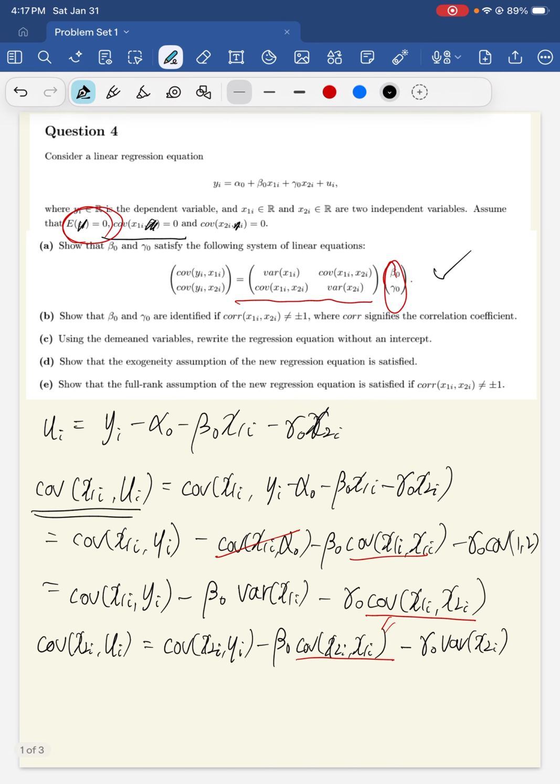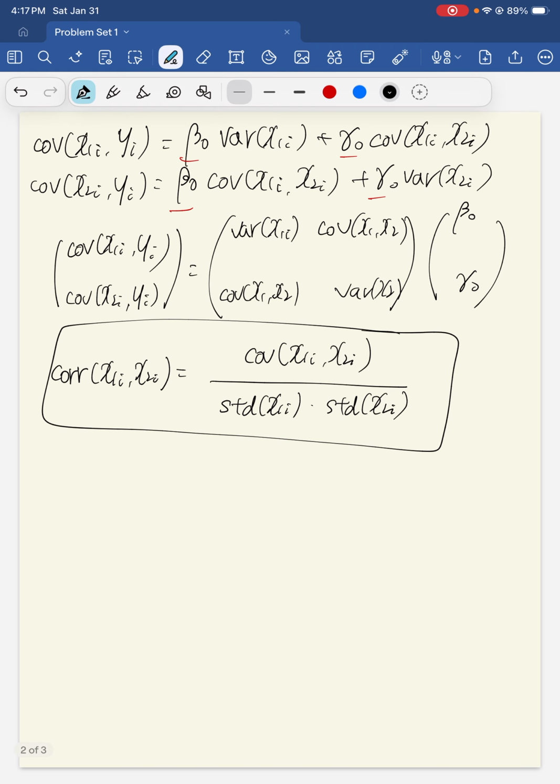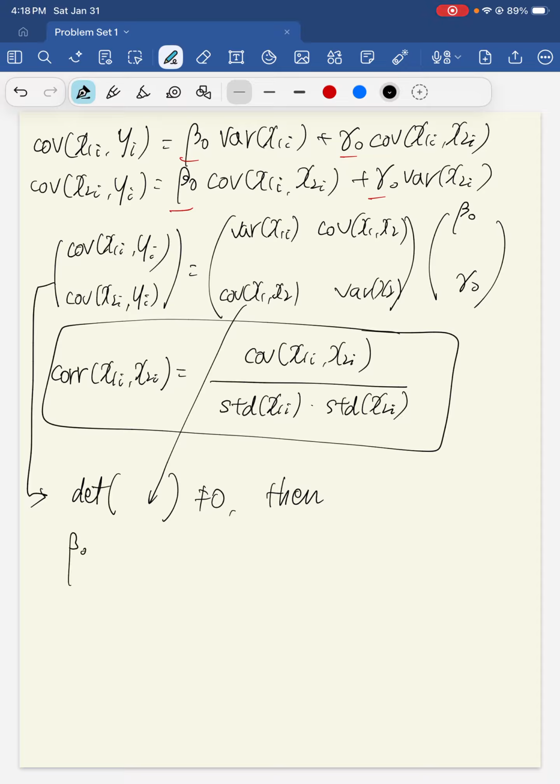And what was the question? Show that it is identified if the correlation is not plus or minus 1. So from the previous result, we know that if the determinant of the matrix is not 0, then we have identification: beta 0 gamma 0 is something inverse times something.